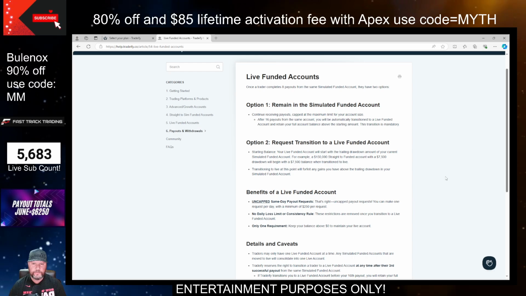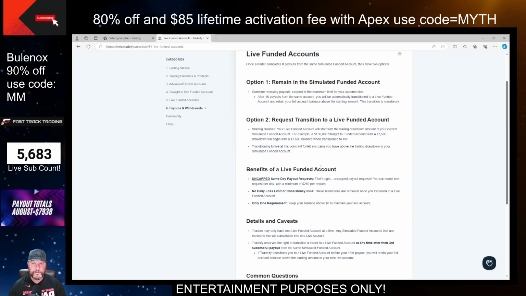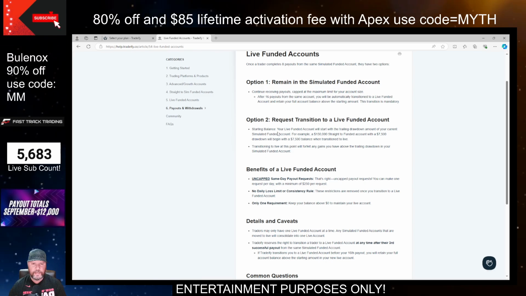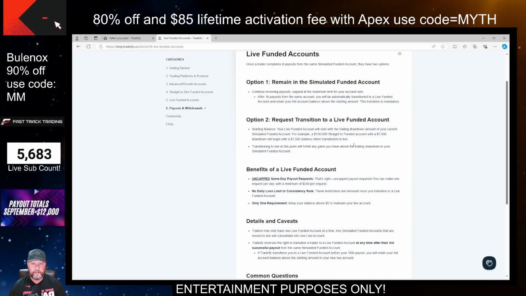Let's see here. After 16 payouts, you're automatically transitioned to a live funded. Option 2 is starting balance. Your live account will start at the trailing drawdown amount of your current simulated funded account. For example, 150,000 straight to funded with a 7,500 drawdown will begin with a $7,500 balance.